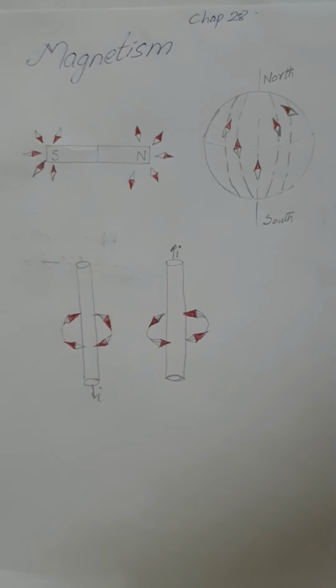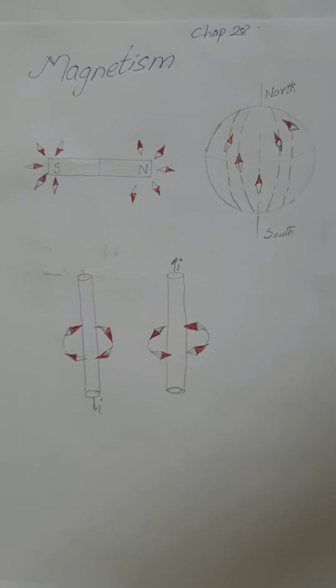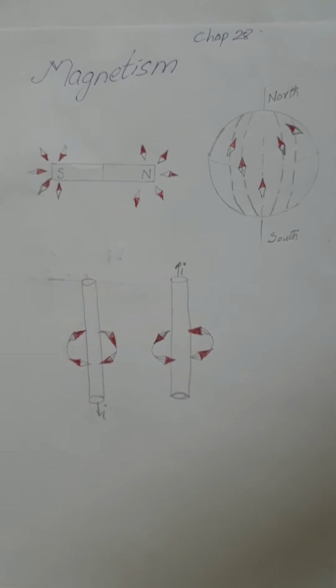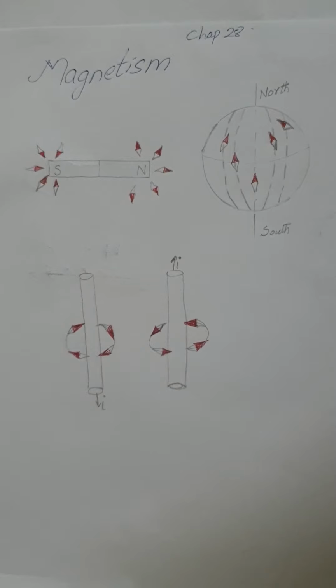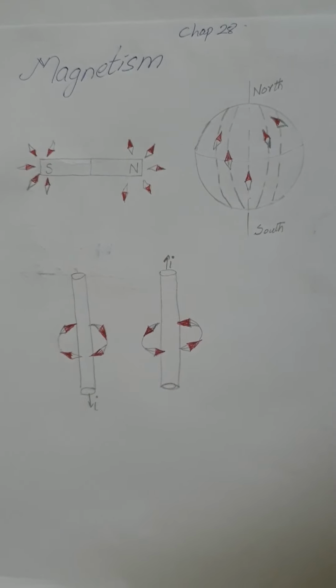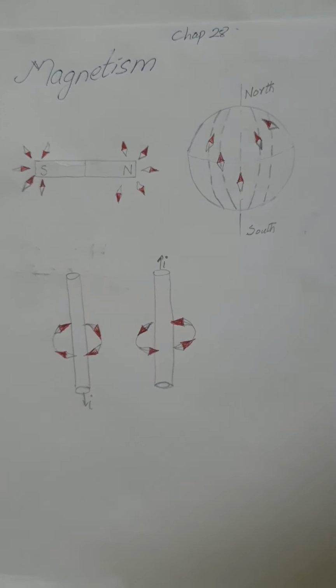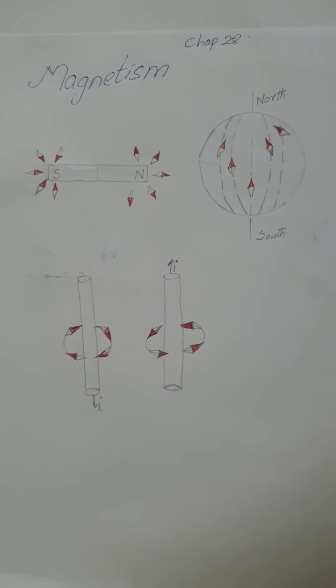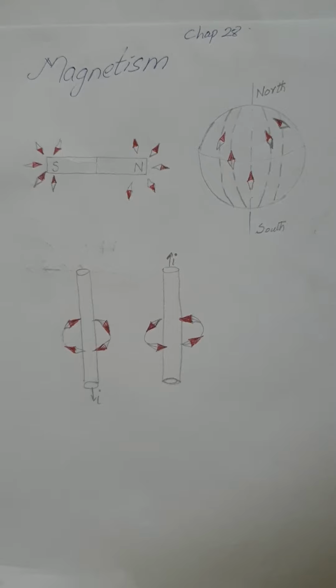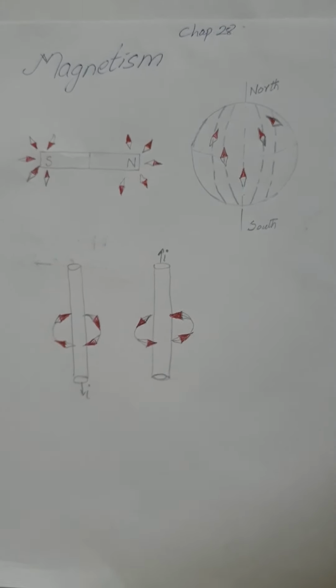So the most familiar aspects of magnetism are associated with permanent magnets, which attract unmagnetized objects and can also attract or repel other magnets. A compass needle is also one of its examples. But the fundamental nature of magnetism is the interaction of moving electric charges.